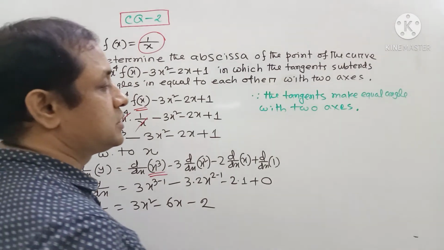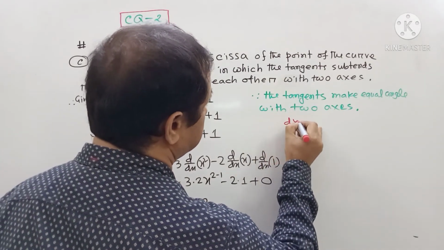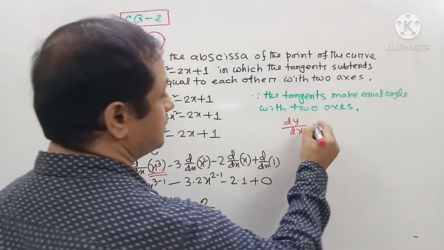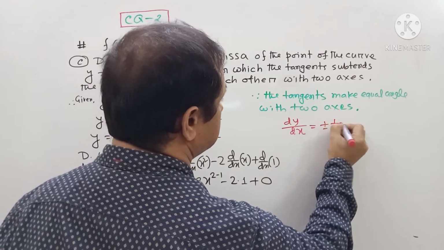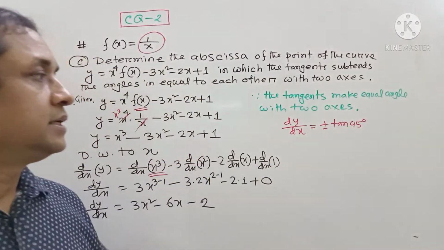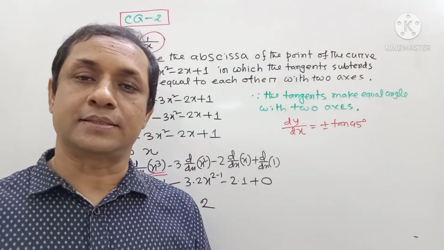So slope will be dy/dx. We know that dy/dx means slope equals plus minus tan 45 degrees, because the tangent makes equal angles with the two axes.